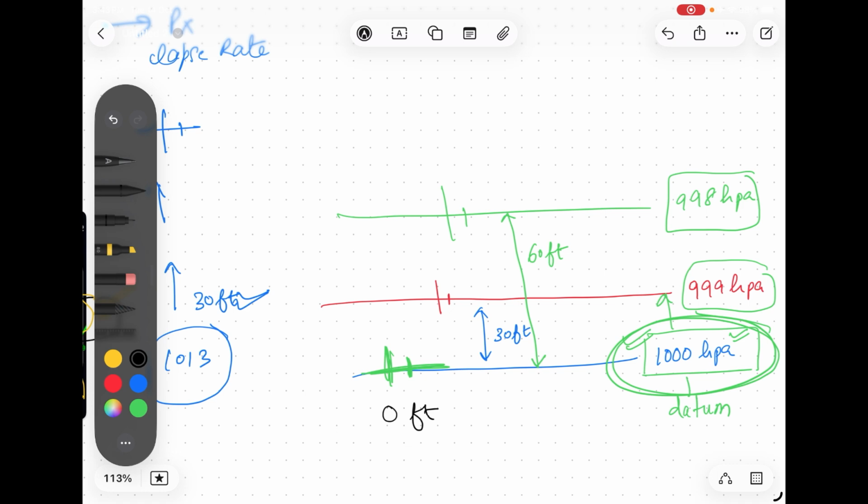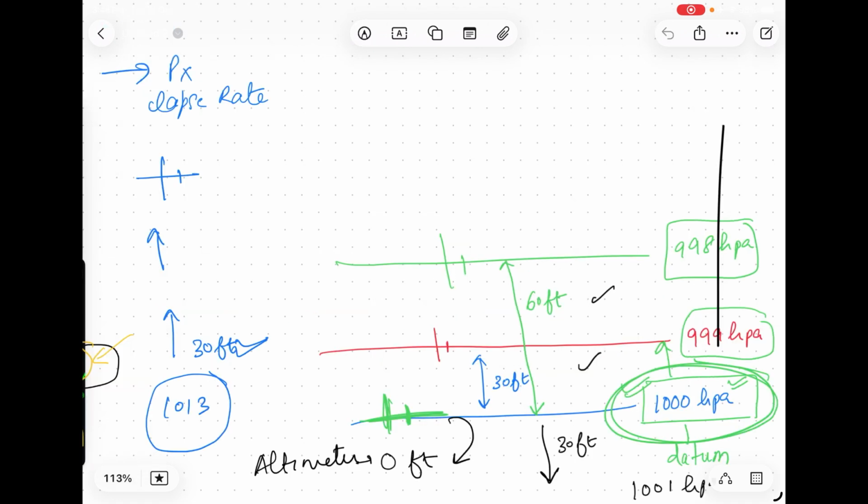So I have not gone either 30 feet higher or 30 feet lower. So here my altimeter will read 0 if I am at the same level. If I go lower, then every 30 feet I descend, the pressure will increase by 1 hectopascal.